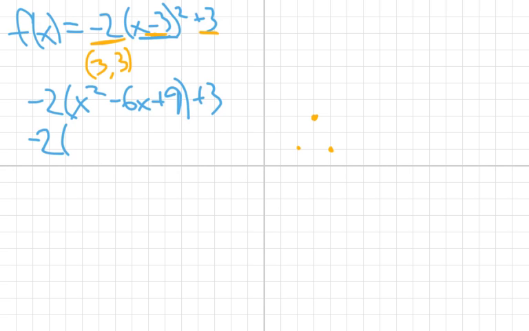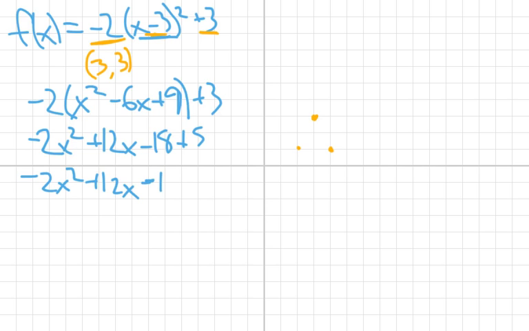Oops. -2x squared plus 12x minus 18 plus 3. So that would give me -2x squared plus 12x minus 13. All right, so this may or may not help out. We'll find out. My y-intercept is -13.